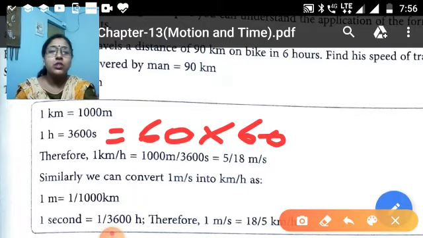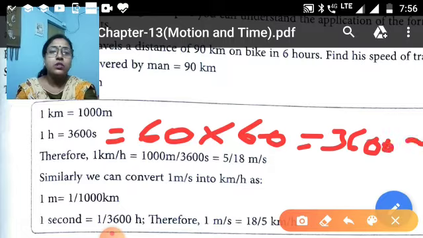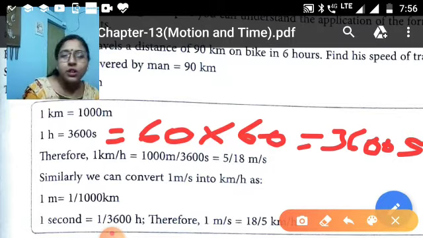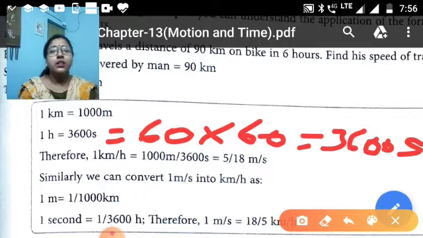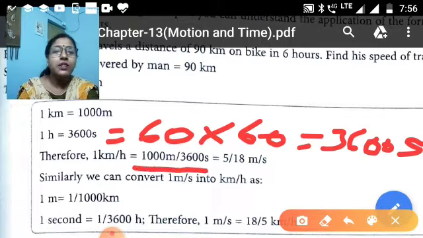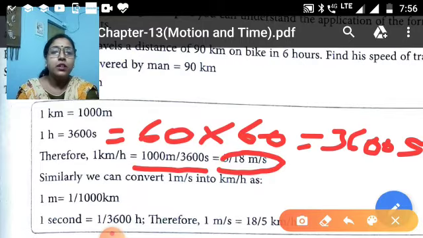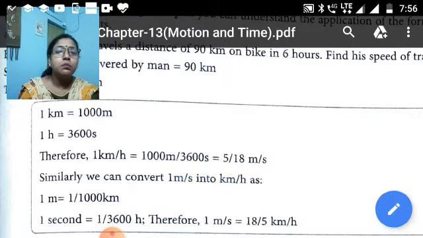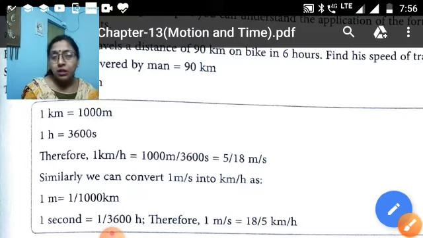So 60 into 60 will be 3600 seconds. Therefore 1 kilometer per hour will be 1000 divided by 3600, that is 5 by 18 meter per second. You have to learn: 1 kilometer per hour is equal to 5 by 18 meter per second.